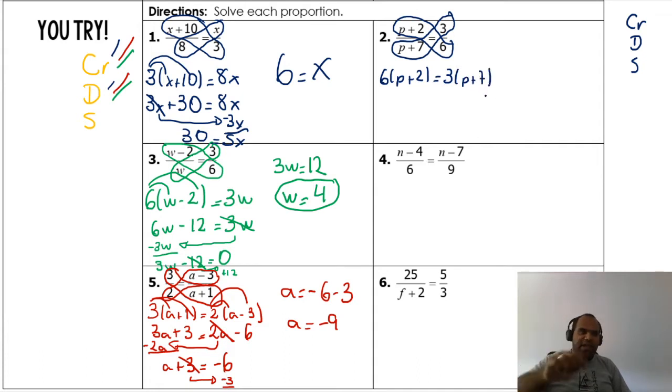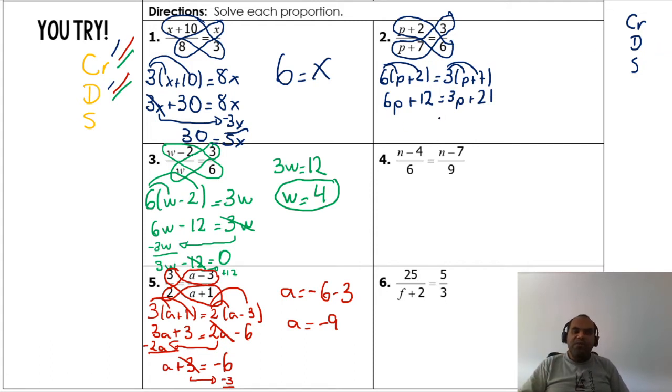Let's solve it. 6 times p, 6p. 6 times 2, it is 12. And here 3 times p, 3p. 3 times 7, 21. Right now I need to distribute. I did cross multiply, okay, distribute, okay. I need to solve it using the techniques for equations with variables on both sides.